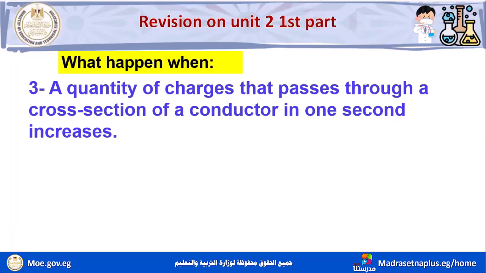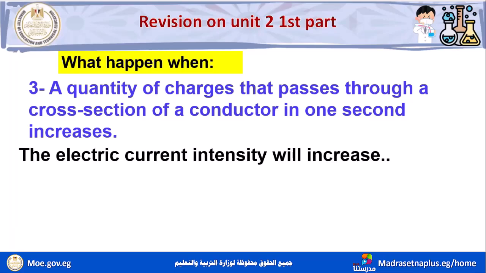The relation between current intensity and the quantity of charge is directly proportional. When the quantity of charge that passes through a cross section of a conductor in 1 second increases, the electric current intensity will increase. The relationship is direct.